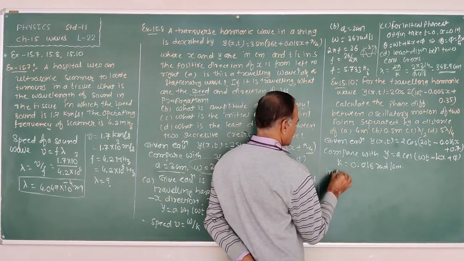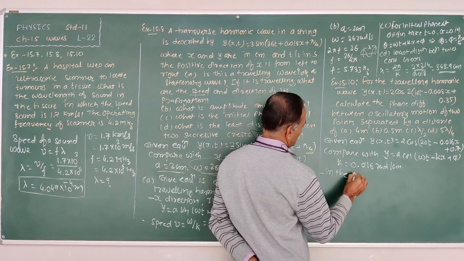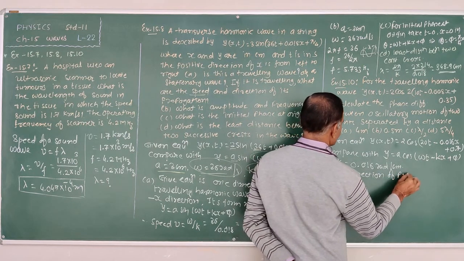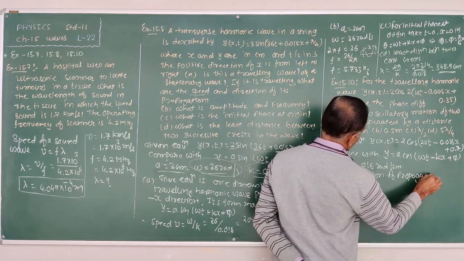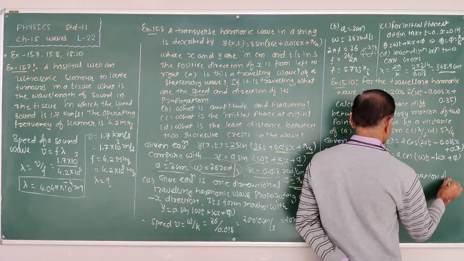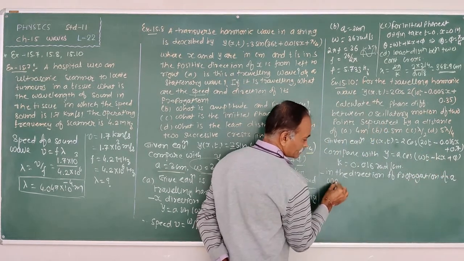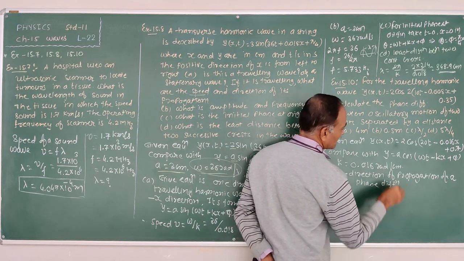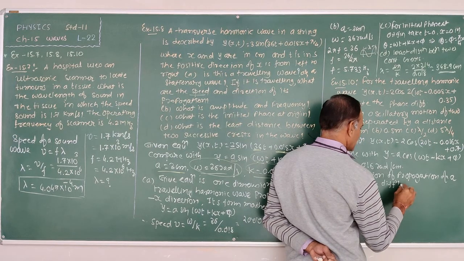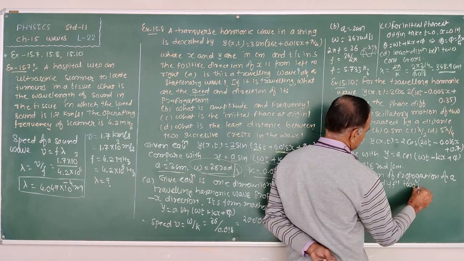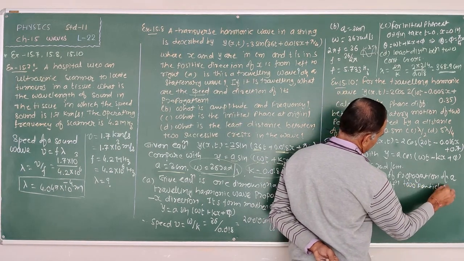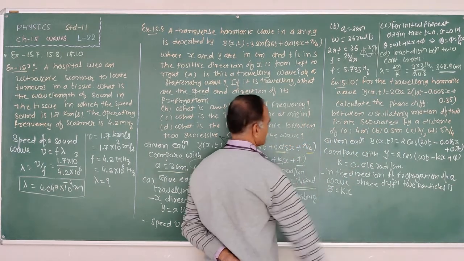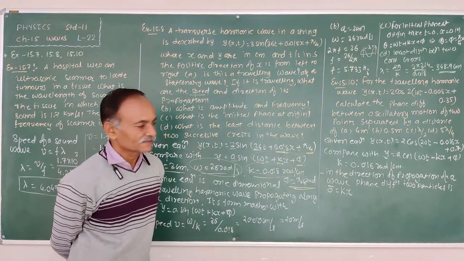Now, in the direction of propagation of a wave, the phase difference between two particles is delta is equal to kx.